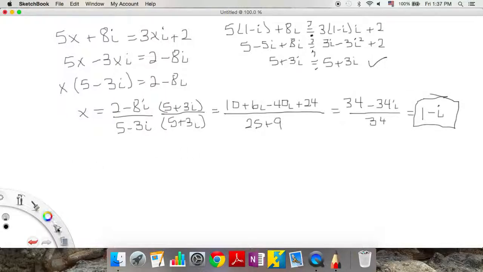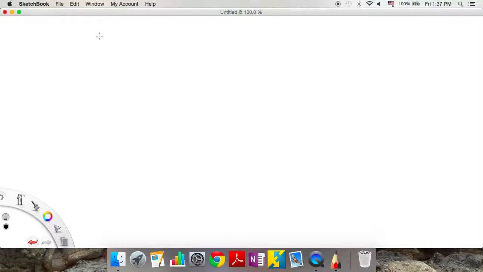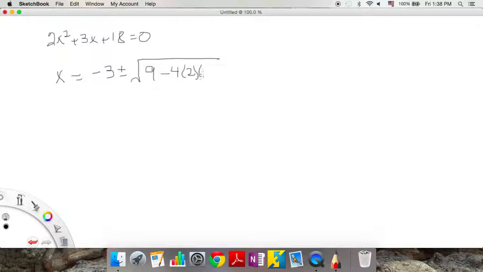The other time you're going to solve these and end up with complex numbers is if you have to use the quadratic formula. Sometimes that happens. Let's say we have this polynomial and we want to solve it. We know that x equals opposite b plus or minus the square root of b squared minus 4ac all over 2a.